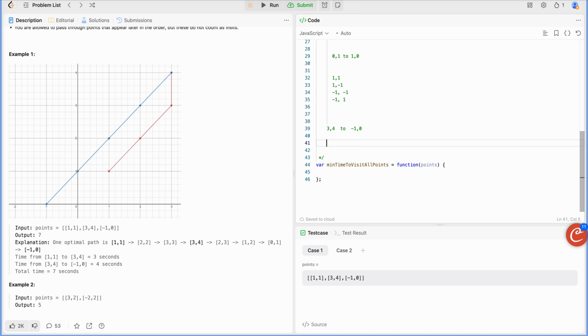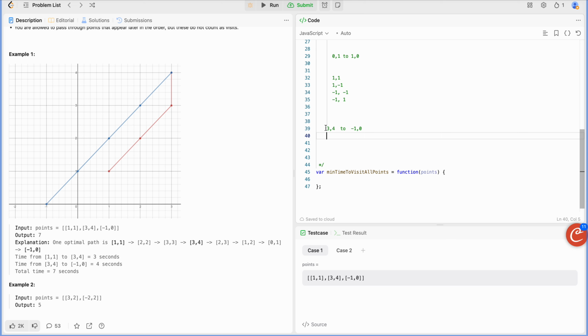So I'm going diagonally in the beginning. First of all, I need to know which diagonal I need to go, because there are 4 kinds of diagonals, right? I can go this way, this way, this way, this way. So how can I know?